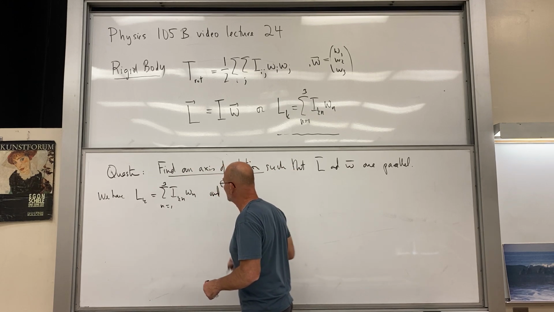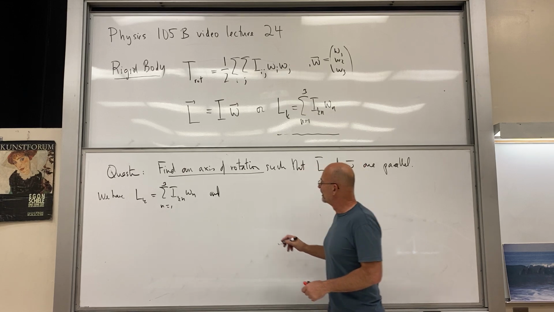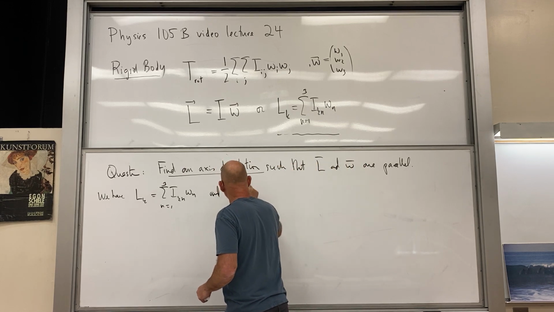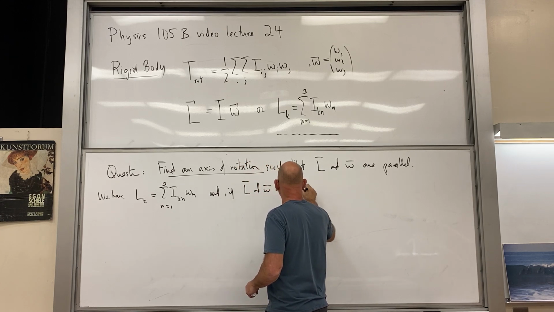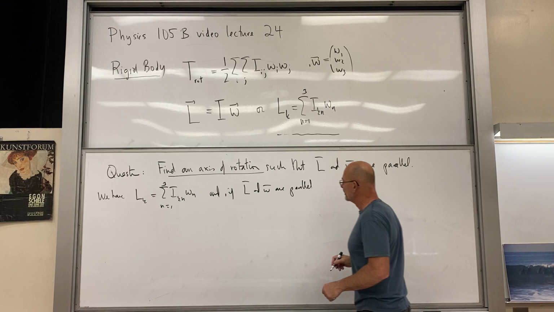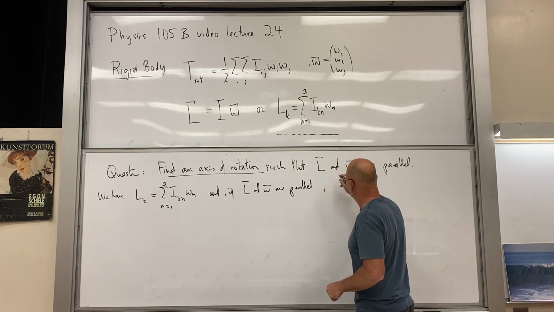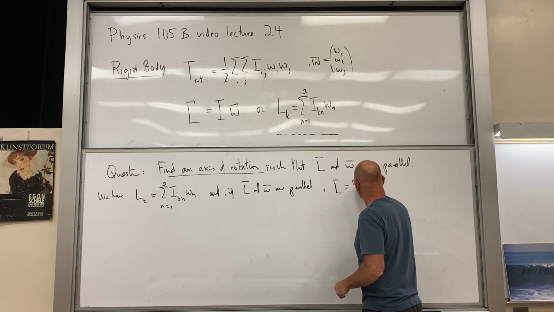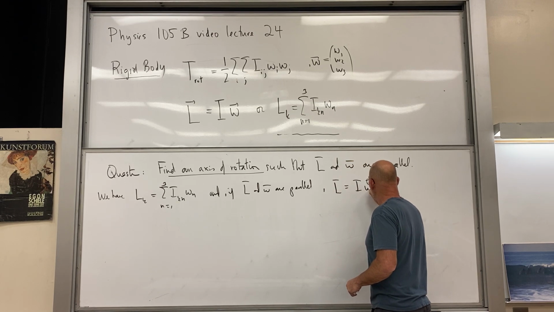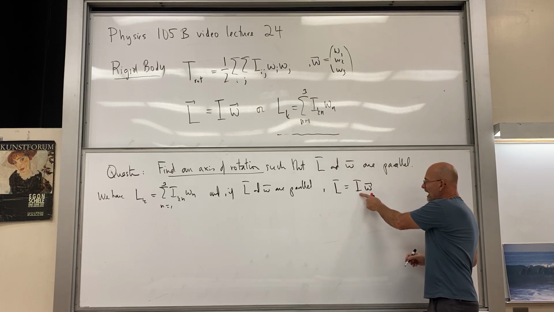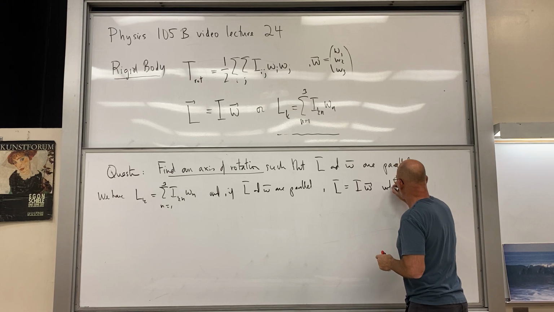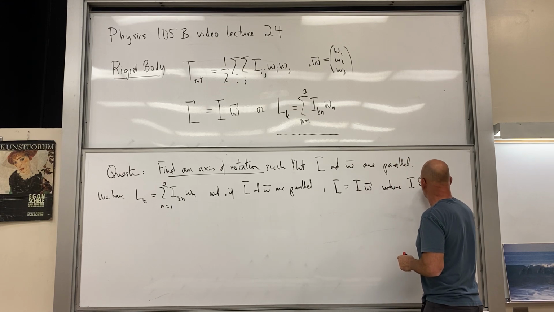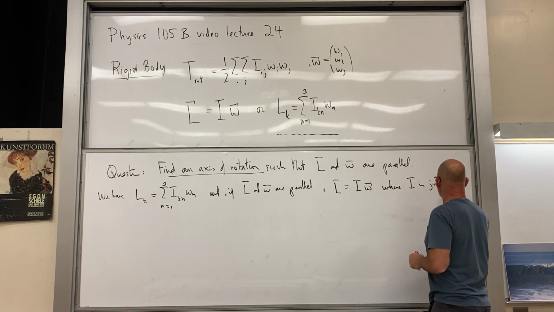And if L and omega are parallel, we would have L is equal to I omega, where I is no longer a tensor, where I is just a number.